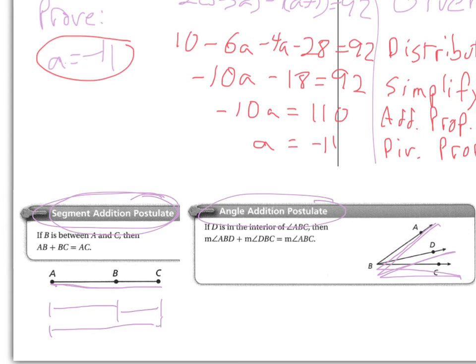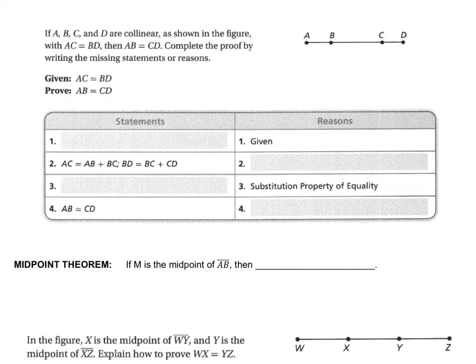All right. This right here, we're given segment, they're collinear. AC is equal to BD. That's this segment is equal to BD. They want us to prove that AB is equal to CD.